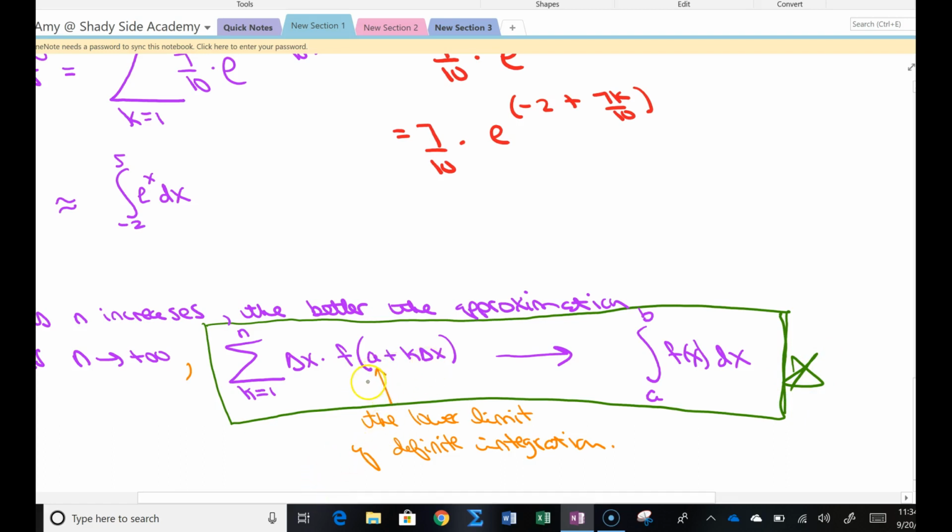And they'll say, I don't know, it's just in the formula. Well, that's not good enough. A plus k delta x is just the kth right endpoint. F of a plus k delta x is the height at the kth right endpoint, which is the height of the kth rectangle. Why do you multiply times delta x? Well, delta x is the width of each rectangle.